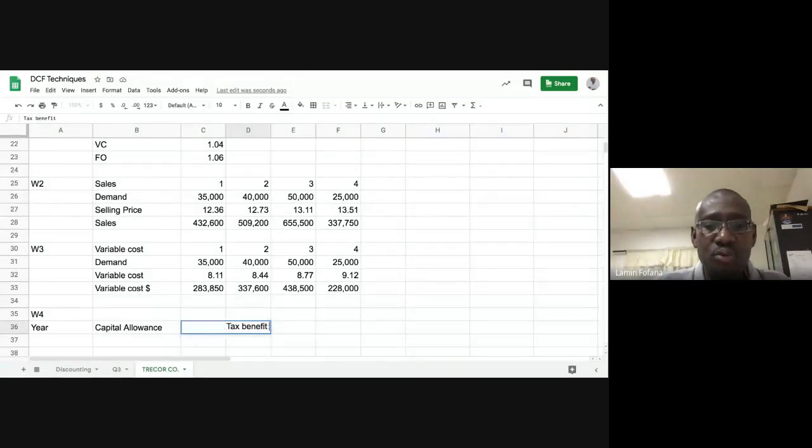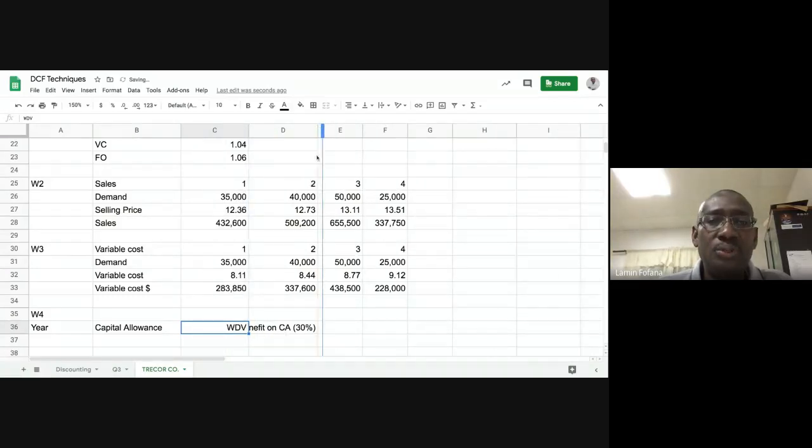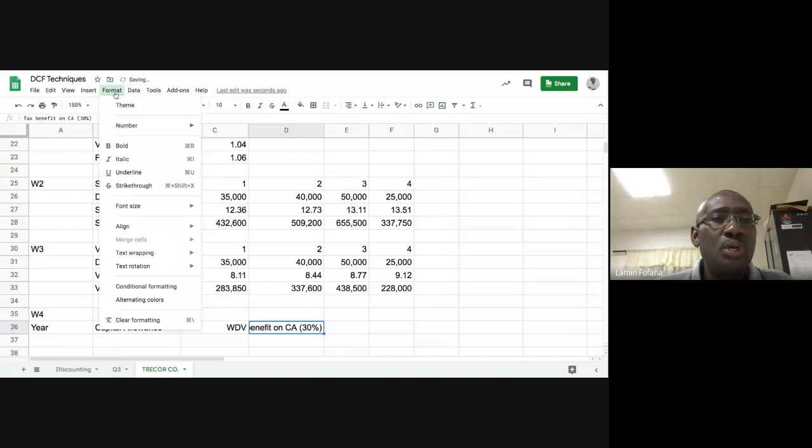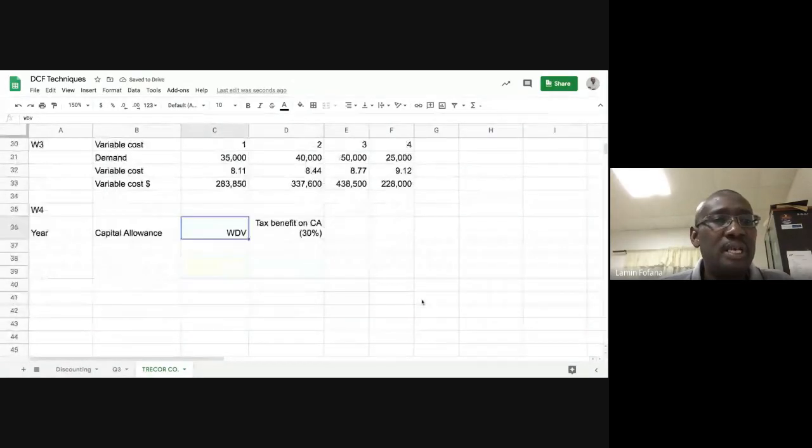The tax benefit will be on the CA, and it will be 30%. This is the format that we're going to use. I'm going to wrap this so you can all fit in one, and go down a bit so you can see it clearly.